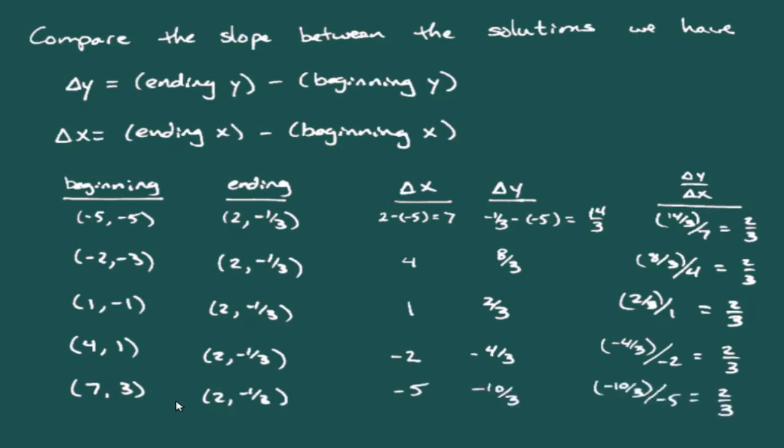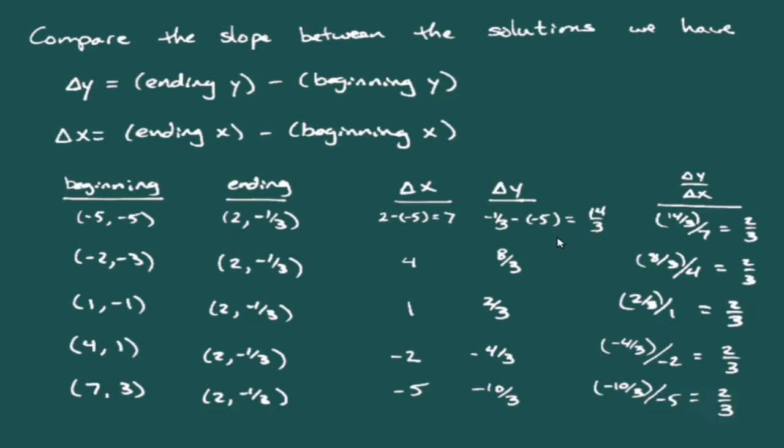If we calculate our change in x, the ending x value is 2, beginning x value is -5, 2 minus a -5 gives us a change in x of 7. For our change in y, we've got -1/3 minus a -5, which gives us 14/3.